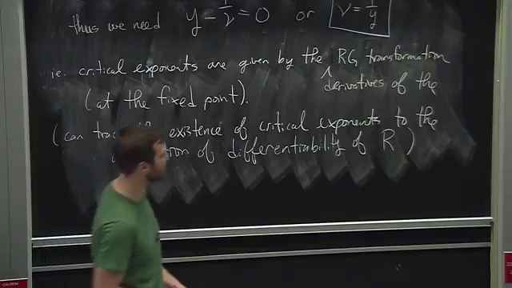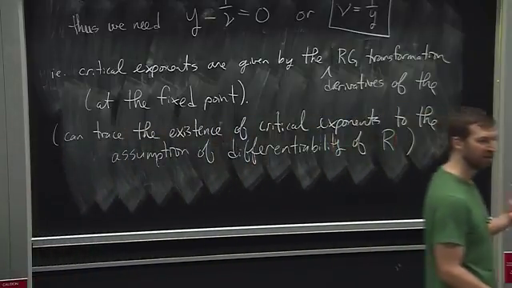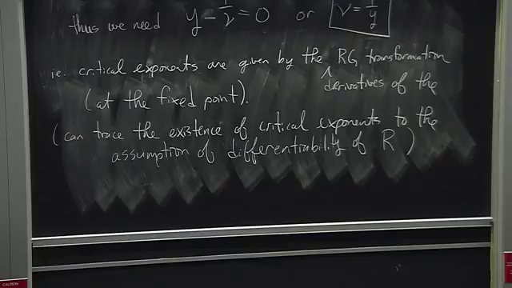So why can't I do an explicit calculation of the critical exponents of the 2D Ising model at this non-trivial fixed point with this procedure? It's all laid out. All I've got to do is figure out what that R is. But the point is, it's actually not so simple in 2D.